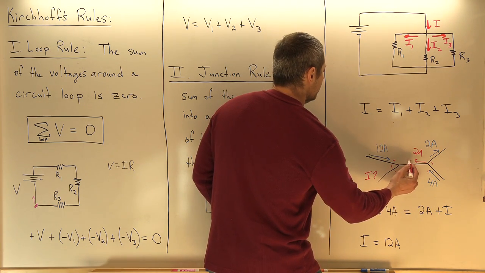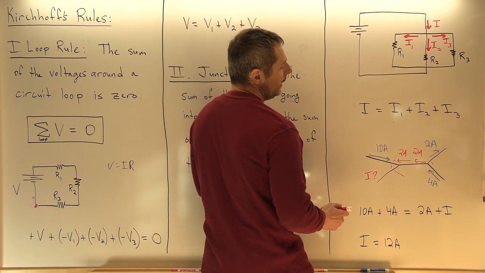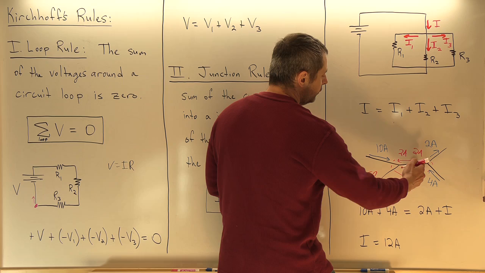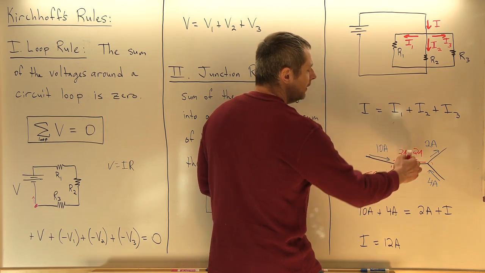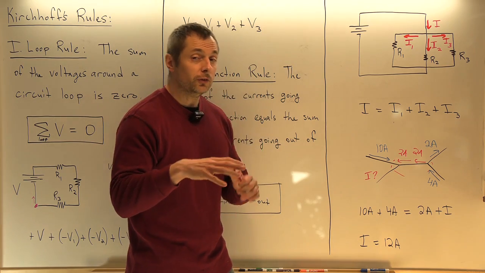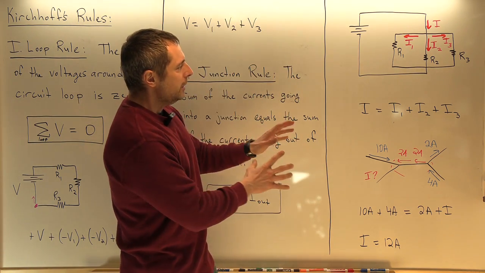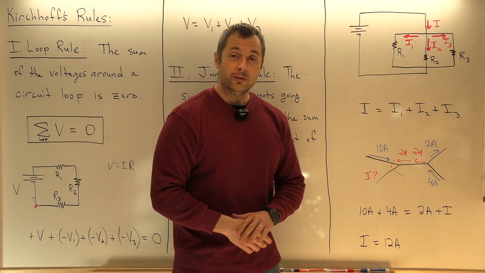That means over here that 2 amps is going into this junction. So right now we have 10 and 2 going in. What's going out is obviously the 12. So you could do it as 2 junctions or 1. It gives you the same answer. So there's an example. Let me create a pause to allow you to copy this down.